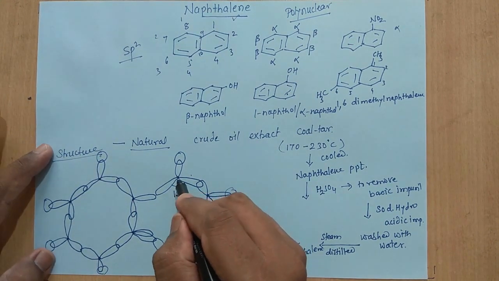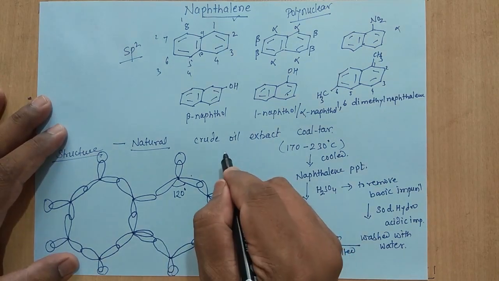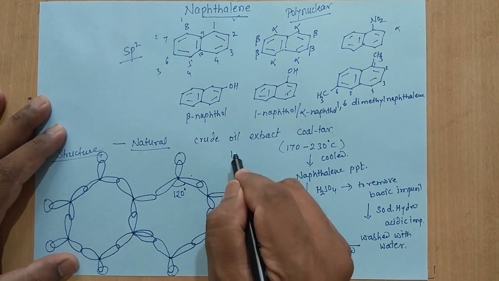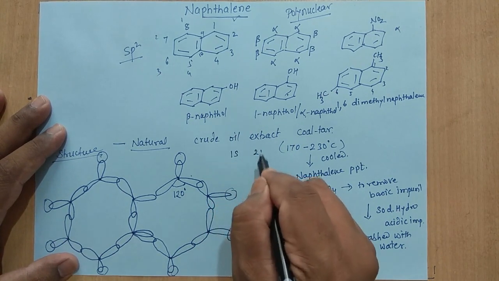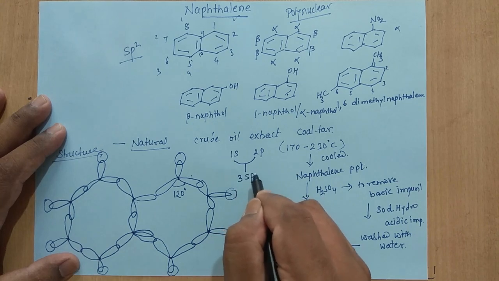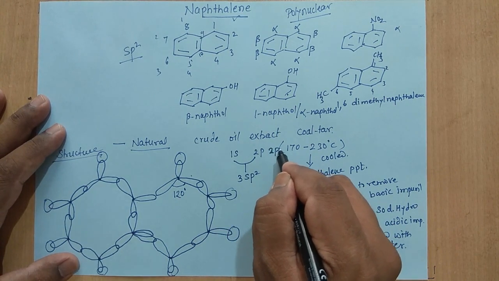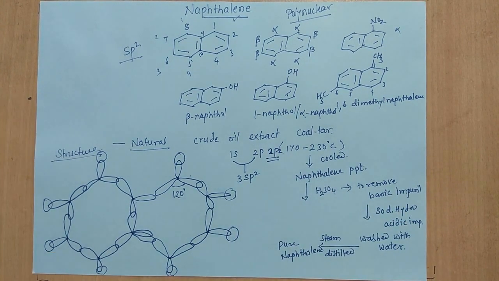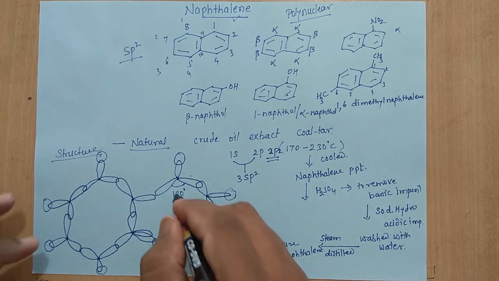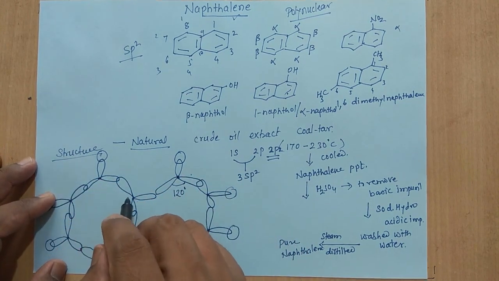Now every carbon atom has a lone, unhybridized p orbital, because in sp2 hybridization, one s orbital and two p orbitals have participated to form three sp2 hybrid orbitals. So one p orbital, that is the 2pz orbital of carbon, remains because it has not participated in hybridization. So it will be present perpendicular to the entire plane of this naphthalene structure.